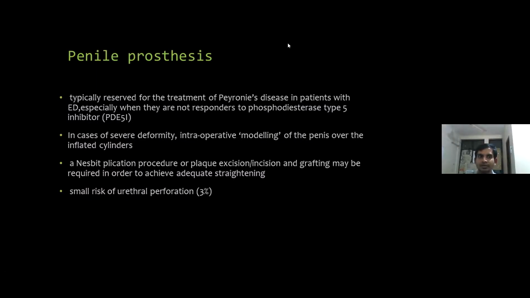Those patients who have erectile dysfunction, the main treatment modality is penile prosthesis. It improves both the Peyronie's disease and the erectile dysfunction. Some people need intraoperative modeling of the penis while doing the penile prosthesis, and sometimes it should be combined with another shortening procedure like plication.